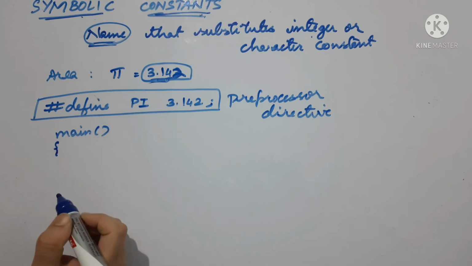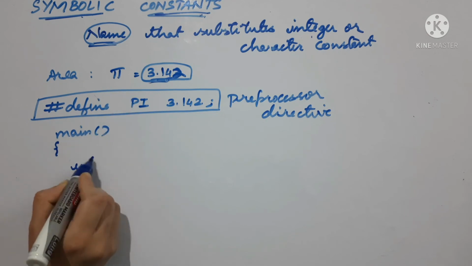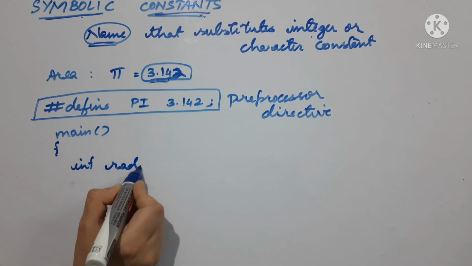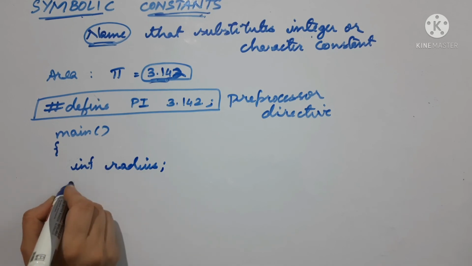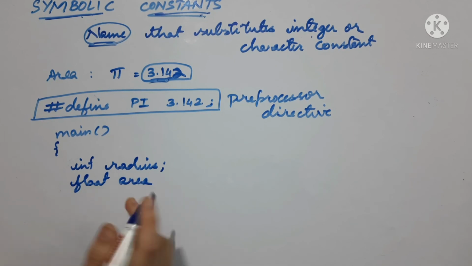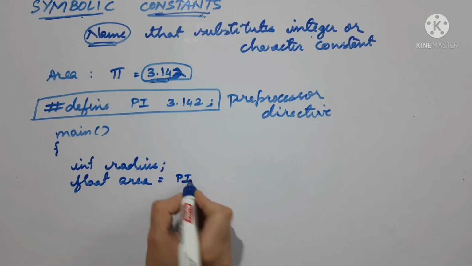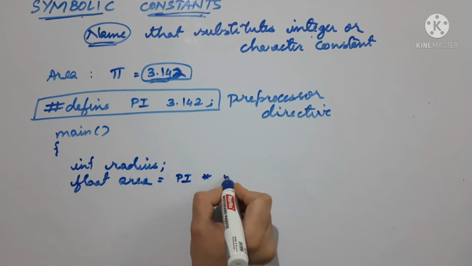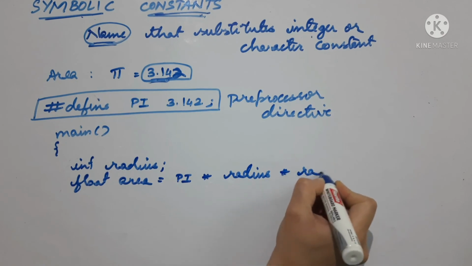Now when I am writing a program, I just have to declare the radius, just int radius, then that is sufficient. So when I am calculating the value of area, float area is equal to, instead of writing 3.142, I can just say pi star radius star radius.